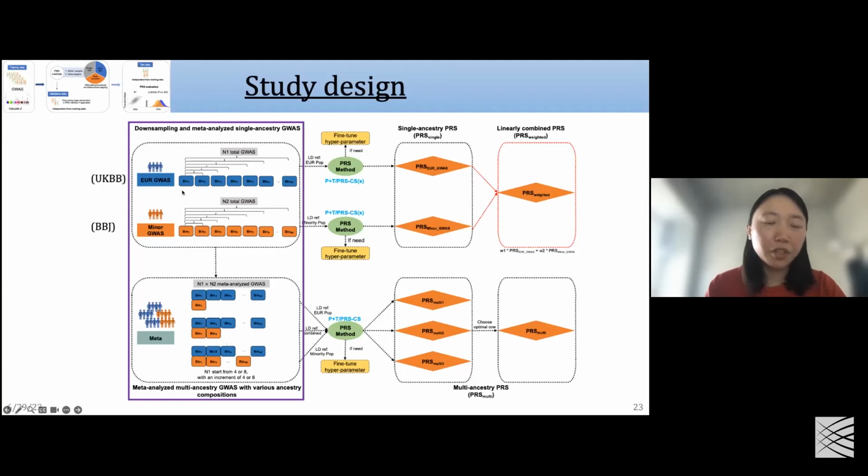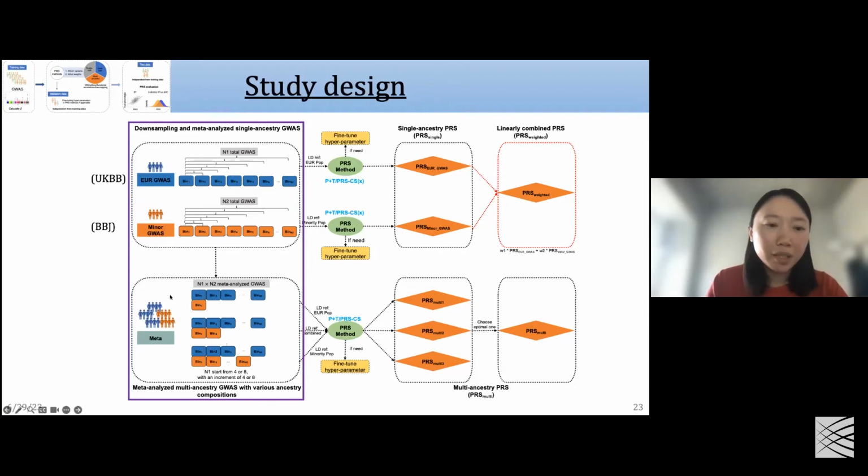So for each individual population, we randomly split the whole population into many equally sized bins, with each bin having 5,000 individuals, and we run GWAS in each of these bins and then meta-analyze different numbers of bins. So the sample size of the discovery GWAS will be different.